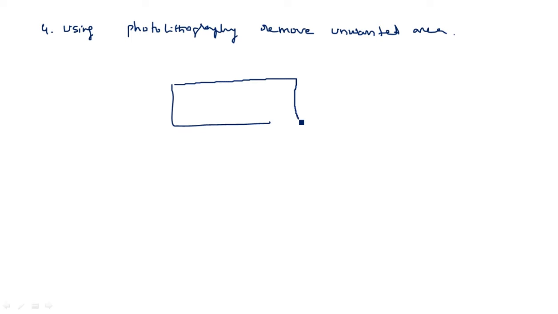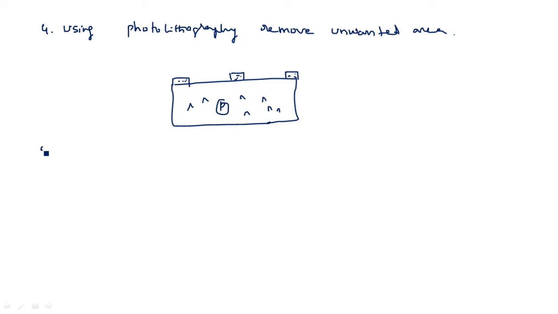Here also it consists of three steps: depositing photoresist layer, applying UV rays, and the last one is etching. After etching, we will have the structure like this. This is the oxide layer, this one is the oxide layer, this is the oxide layer. Now we have the p-type substrate here.